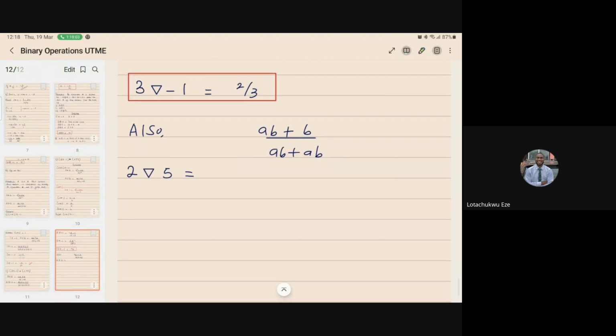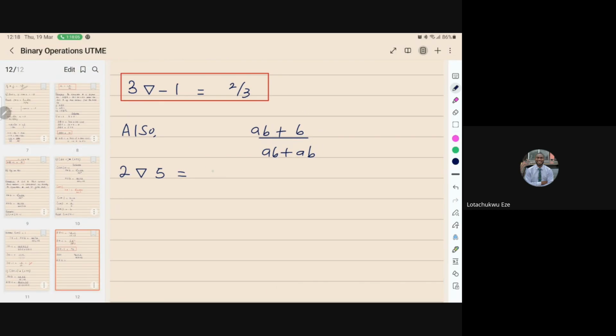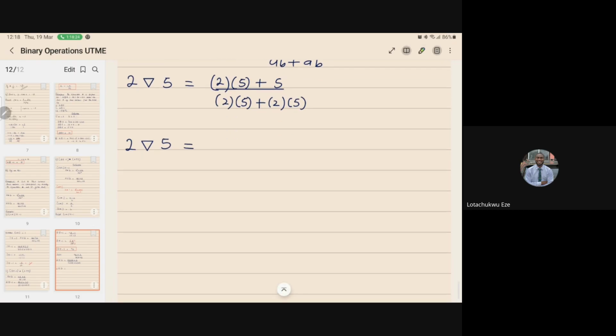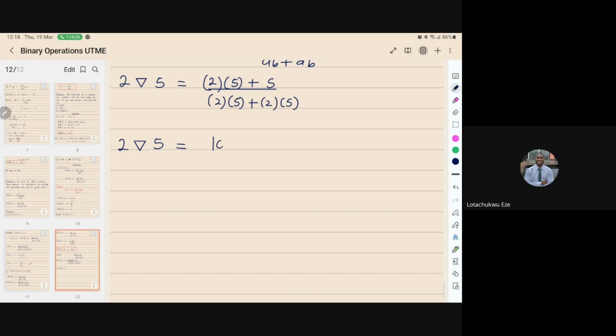All right. So let's plug in the values. So this means that I have 2 and I have 5 plus I have 5 all over I have 2, I have 5, I have 2, and I have 5 as well. So that means that 2, then this symbol 5 will be equal to 5 times 2 will give us 10. 10 plus 5 all over 5 times 2 is 10.